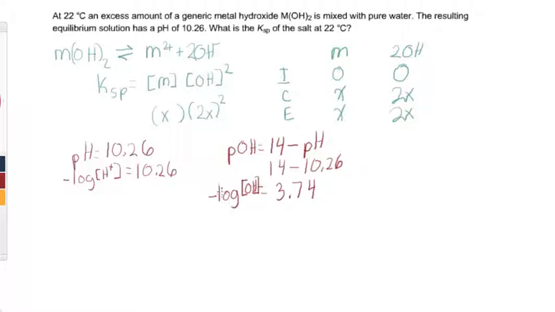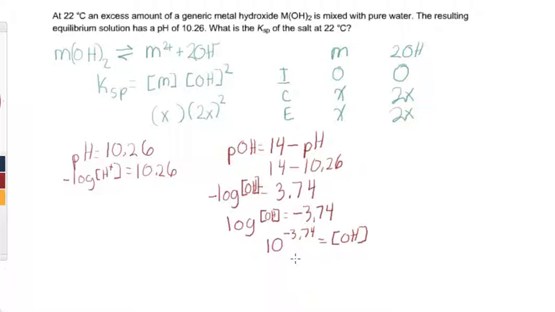So if I multiply both sides by -1, I have the log, and this is base 10, of hydroxide equals -3.74, and this is logarithmic form. I can put it in exponential form. 10 to the -3.74 equals the concentration of OH.